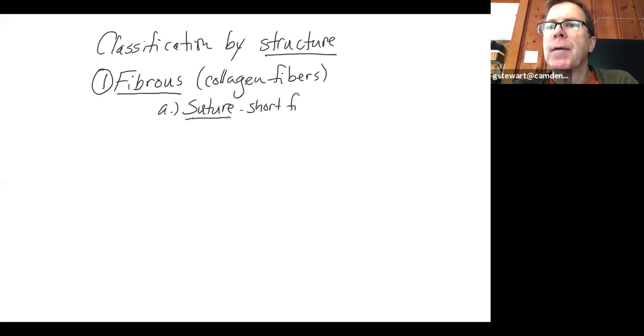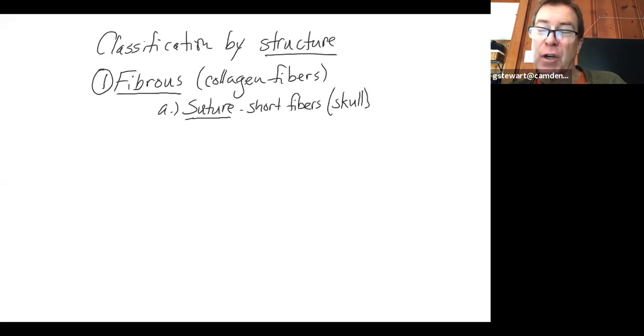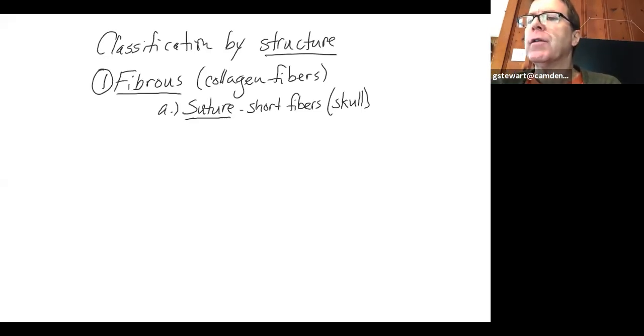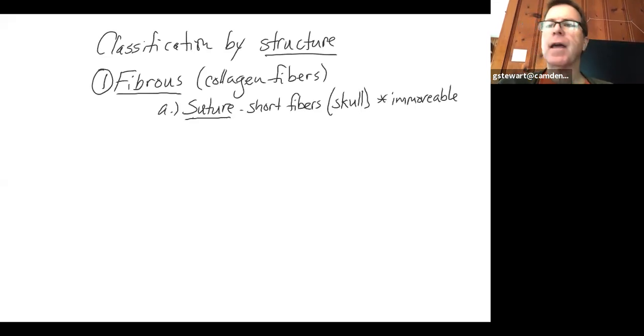I'm just going to write short fibers, in parentheses. These are joints between actually cranial plates, mostly in the skull. Our skull is full of sutures, and these are totally immovable. That means they are synarthrotic joints from our first three classifications.